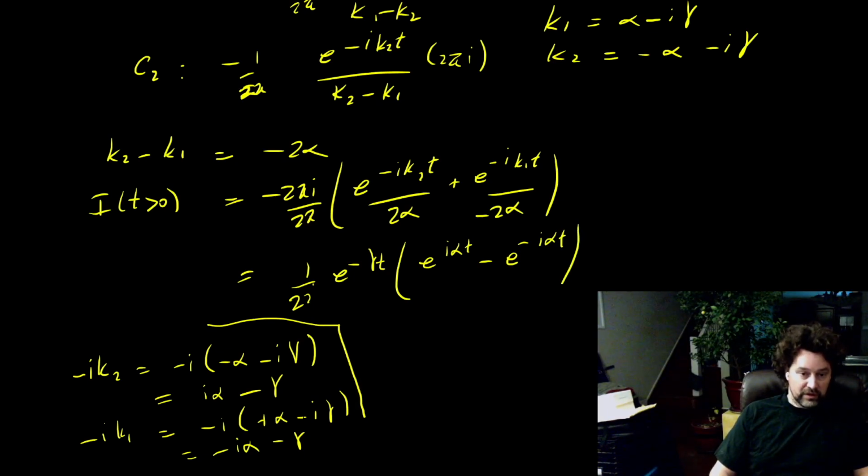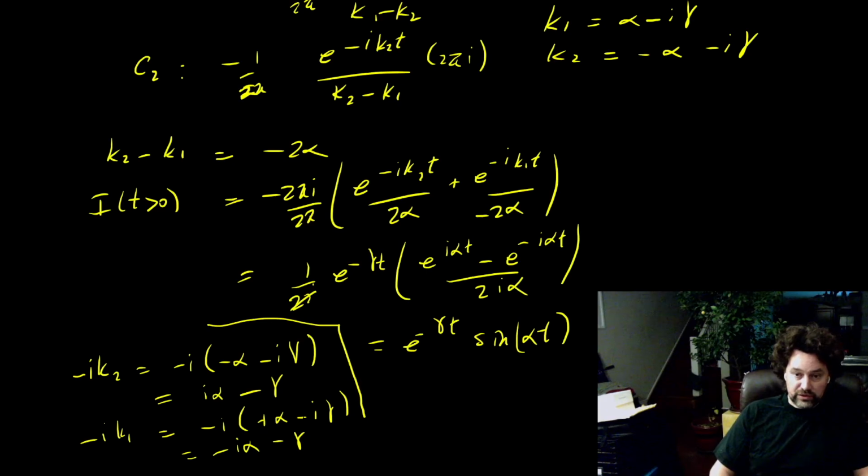And what do you know? We have a sine. So e to the minus gamma t sine alpha t. And I lost the alpha. There was a 2 alpha and 2 alpha. So that is all divided by alpha.